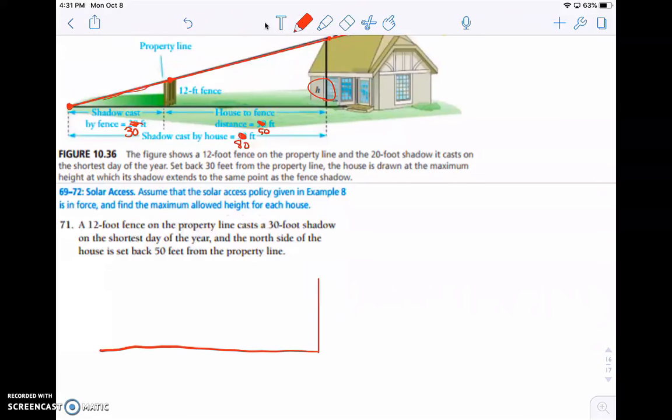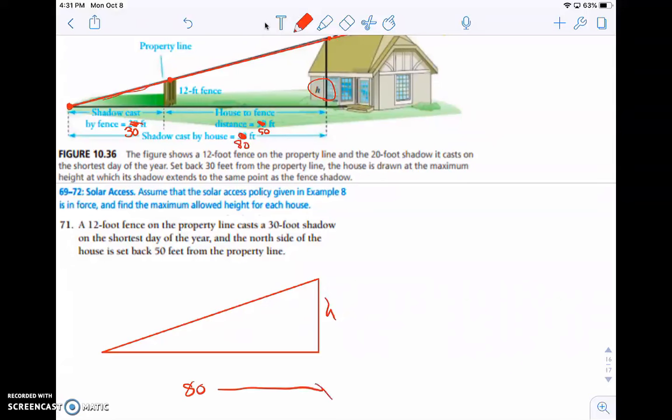So imagine that's the height of the house, all the way down from the property line to where we're casting the shadow. So this is the height. This is 80 feet from here to here. And then we've got our fence right here that's 12 feet. And then the house to the fence is 50. And then we cast a shadow of 30 out to this point.